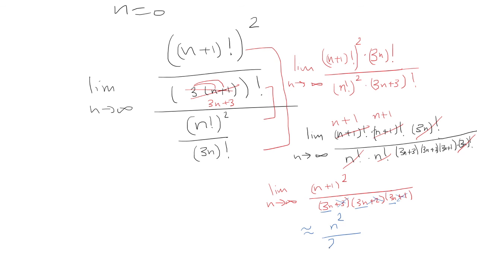The product of those is 27n cubed, which then simplifies to 1 over 27n. And this obviously goes to 0. Okay, so the limit's going to be 0. It's less than 1. So by the ratio test, this converges.